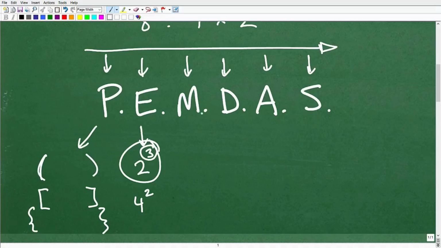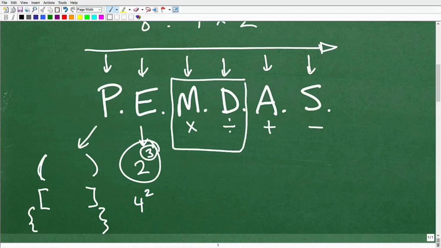And then we have M and D. M and D is multiplication and division. Let's put the rest in here. This is addition, and this is subtraction. Now, this is probably one of the big areas where students get confused on PEMDAS.